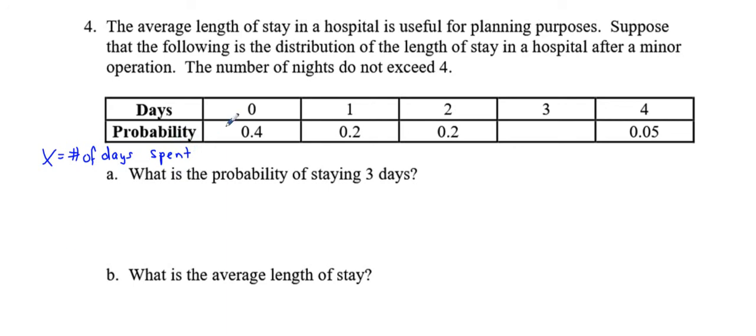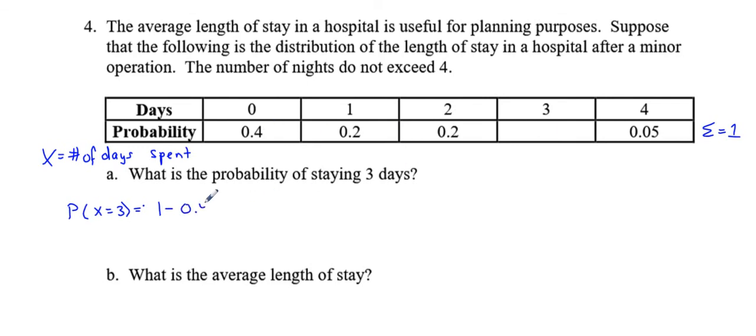And what you want to remember is that all of the probabilities have to add up to 1. So to figure out something that's missing, the probability of staying 3 days is going to be 1 minus all of these other numbers.